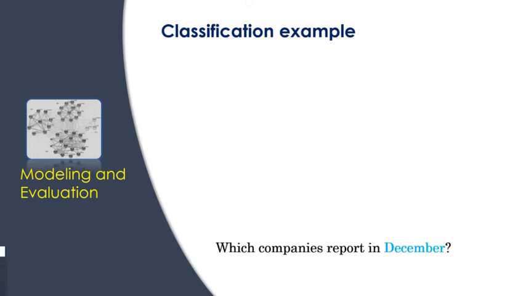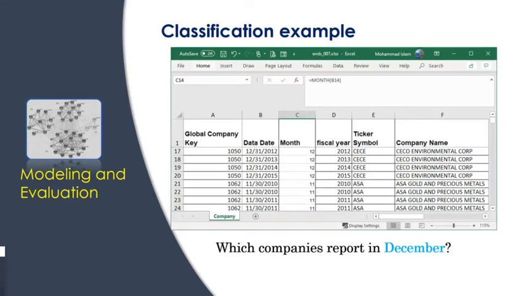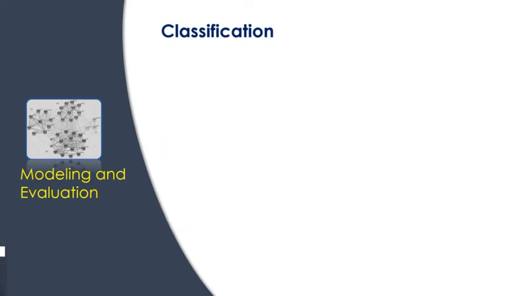Say, for example, we have 5,000 companies in our report. We want to know which companies usually report in December. That is a classification. We will classify based on the month. If the month is equal to 12, we will classify them as December reporters. Okay, so that is one example of classification.